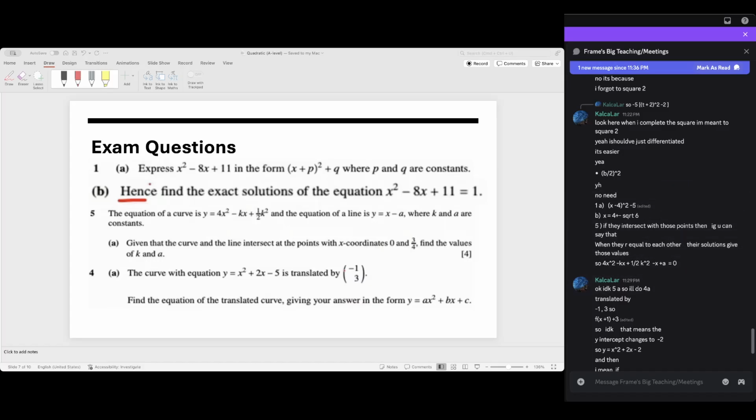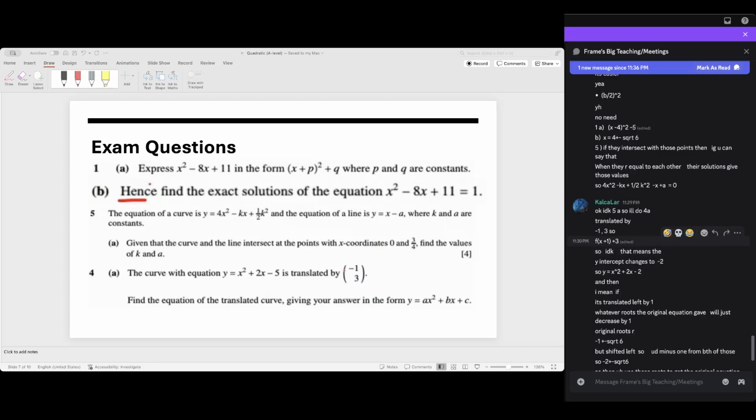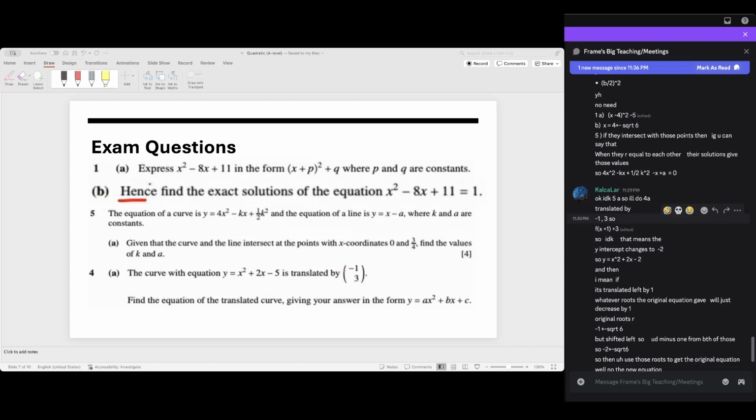It intersects the point, say that for a, you can see x plus 1 squared minus 1 squared is 1, that means minus 6.